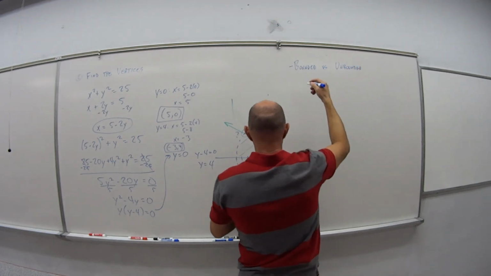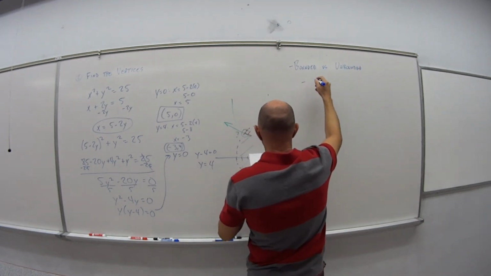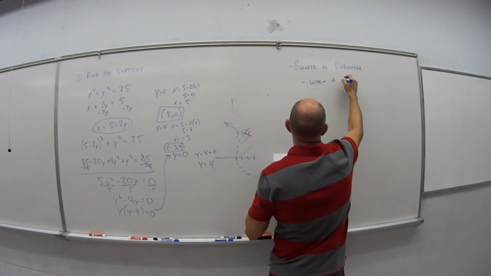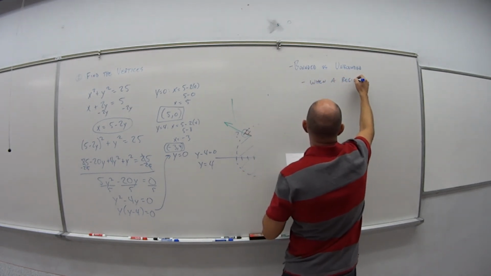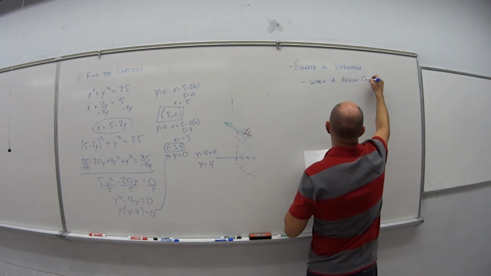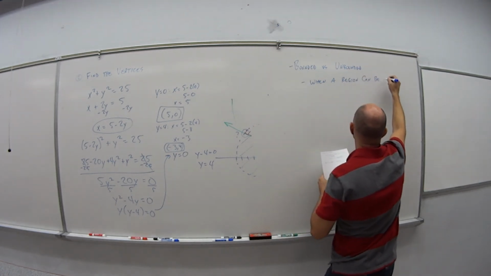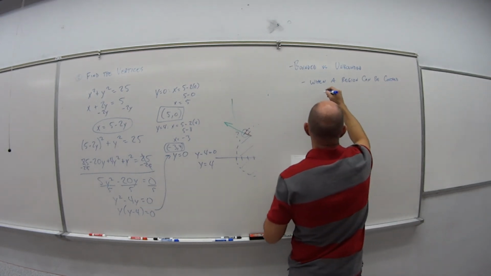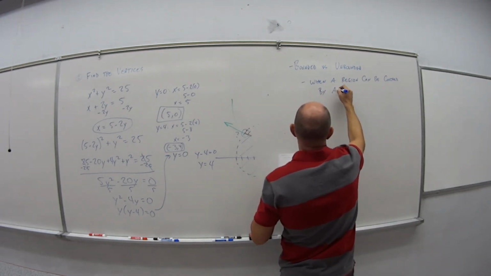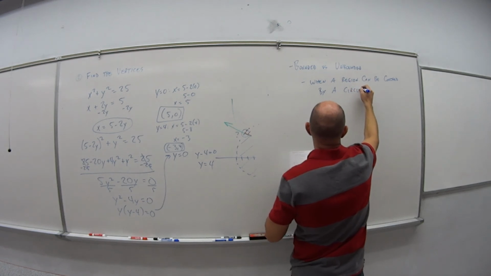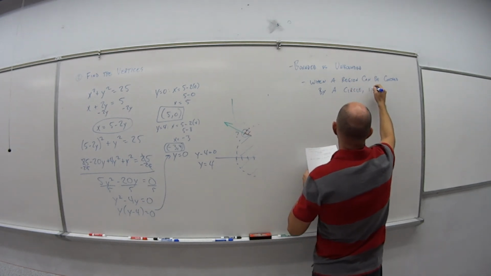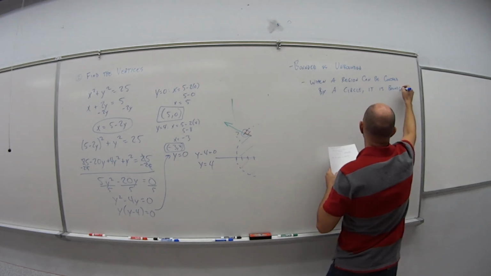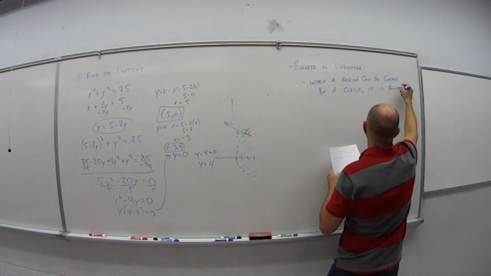So as the name implies, when a region can be covered by a circle of any size, doesn't matter, it is bounded. So as the name sort of implies, it has boundaries.